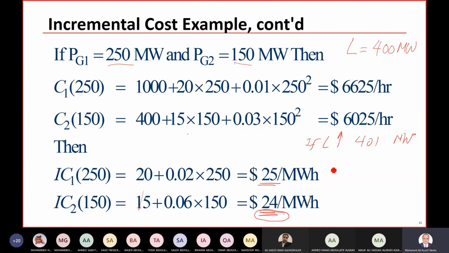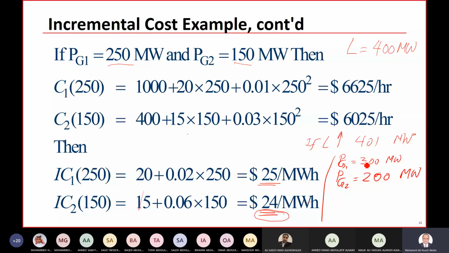And you can here say if PG1 equals, let us say, 300, and the PG2, let us say, 200. Hopefully this will validate the point I want to emphasize.